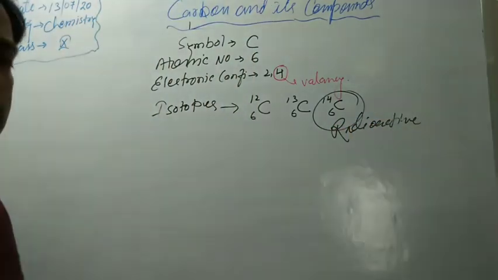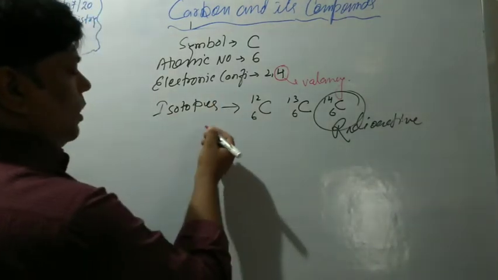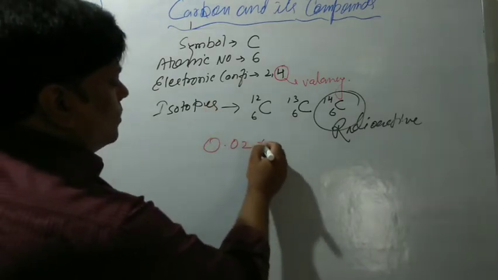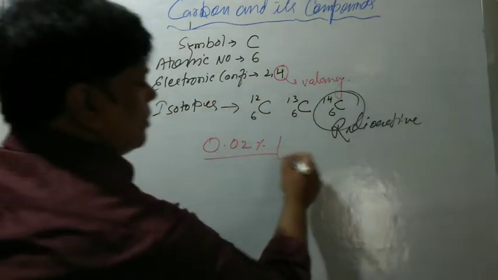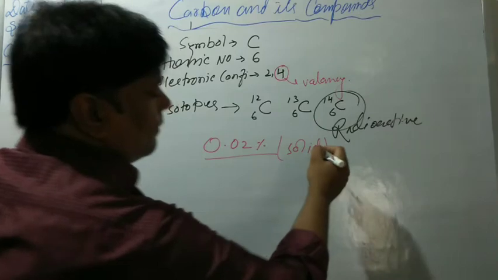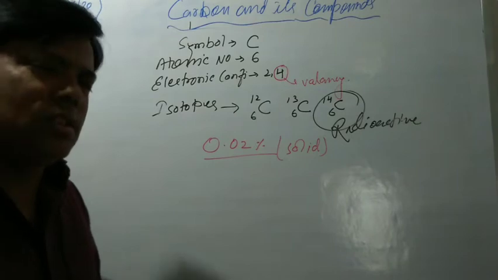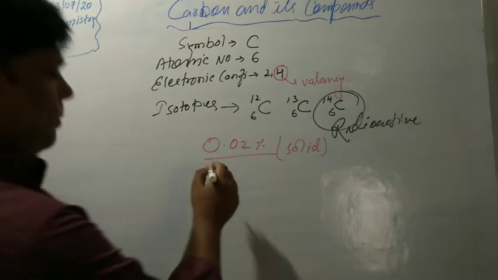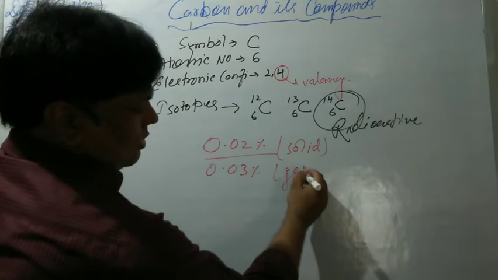The occurrence of carbon in the earth's crust, in solid form, is 0.02%. The occurrence of carbon in the atmosphere, in gaseous state in the form of carbon dioxide, is 0.03%.